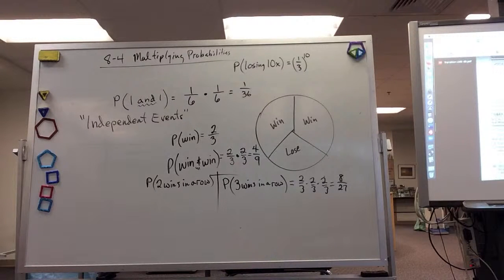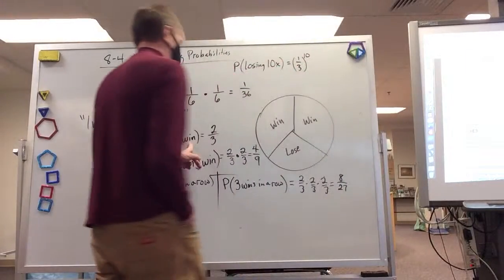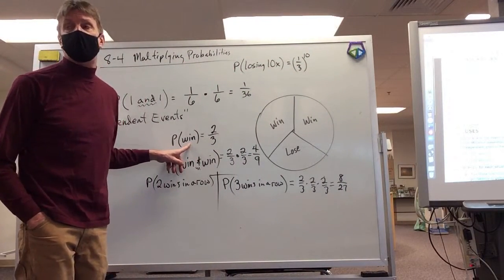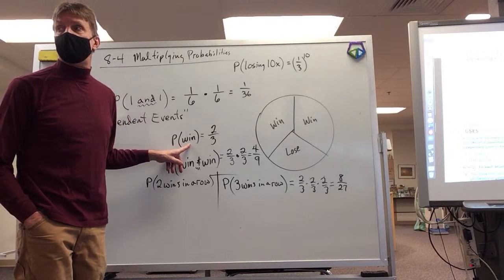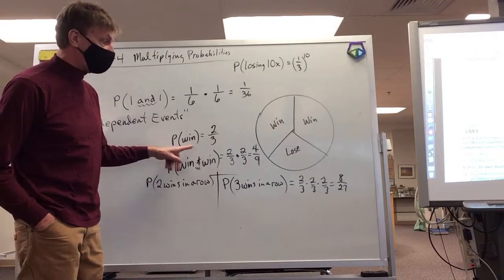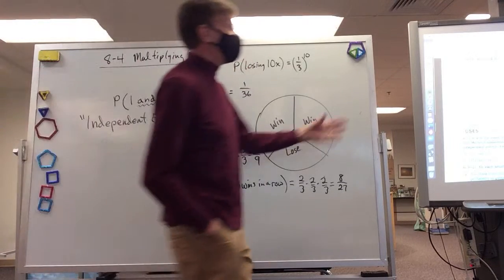Okay. So in this case here, if you look at number 2, they use capital A and capital B to name the events. What I did here is I wrote the word win. But I could have called that event A, and I could have called losing event B. You hear what they do?